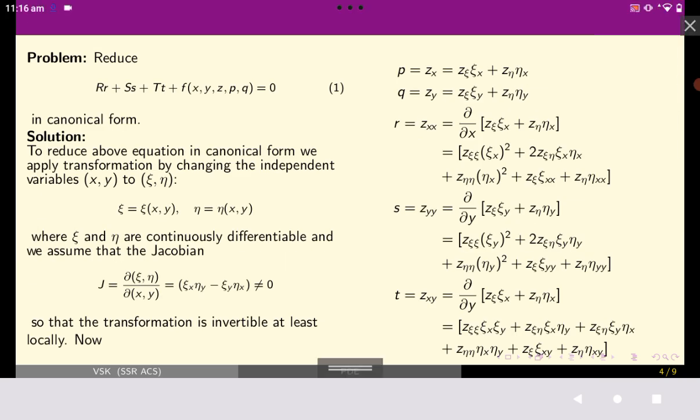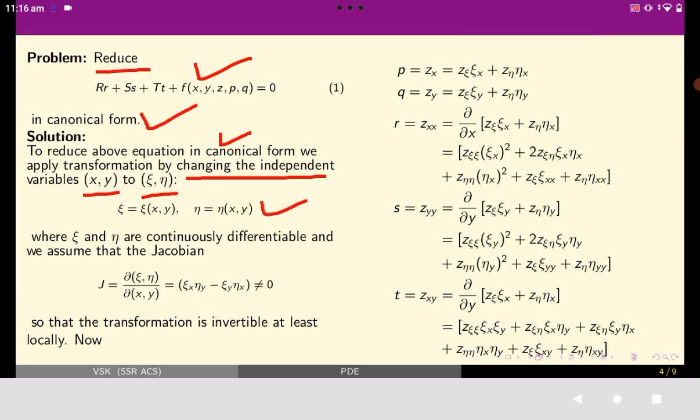Now let us see this problem. Reduce the partial differential equation into canonical form. So let us see the solution. To reduce the above equation into canonical form, we apply a transformation by changing the independent variables x, y to xi, eta by this relation. That is, xi is a function of x, y and eta is a function of x, y.